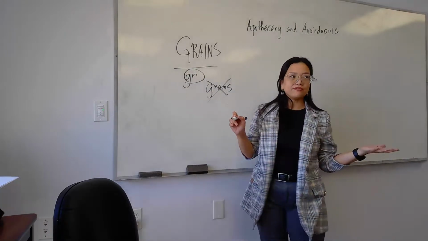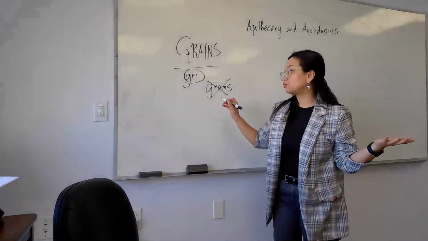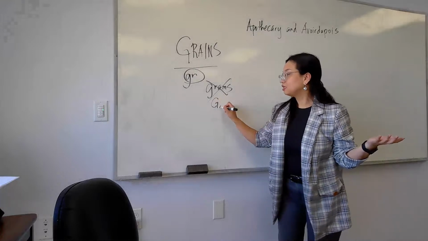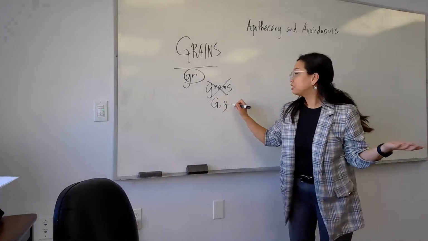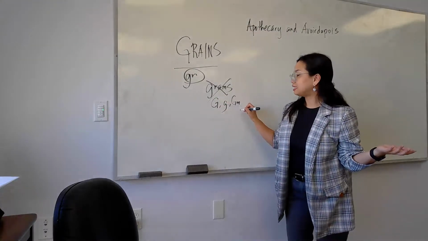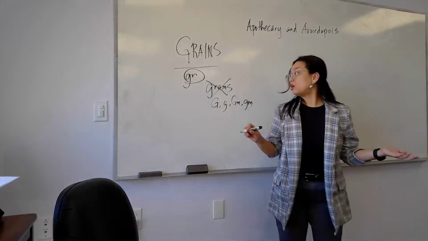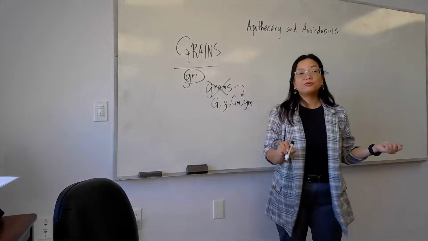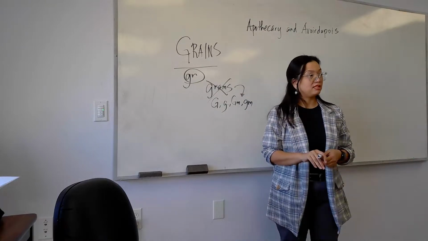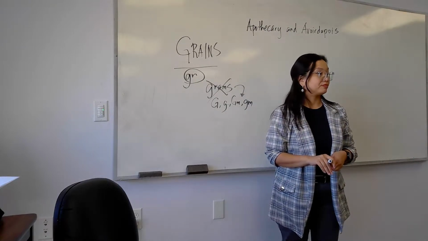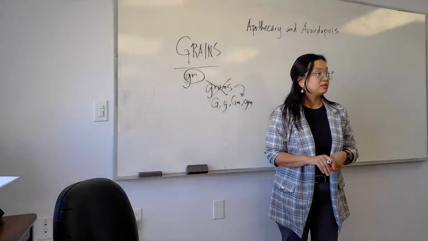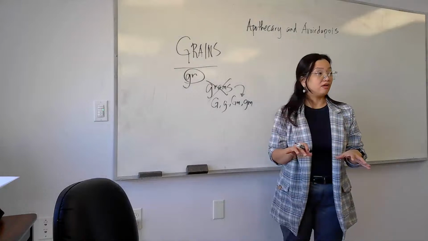And grams abbreviations are as follows: capital G, lowercase g, capital G lowercase m, lowercase gm. These are all acceptable abbreviations for grams, but they're not the same at all.